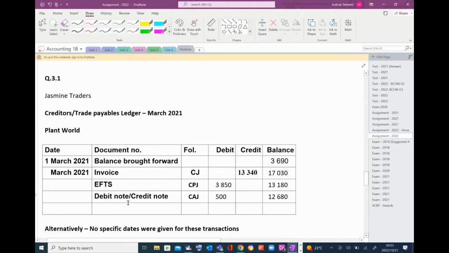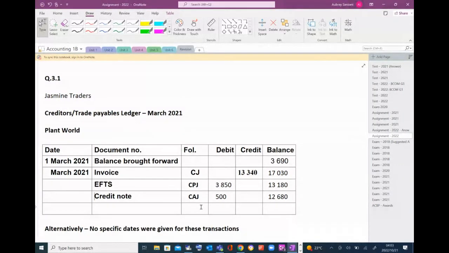Then here, purchases returns. Actually, I'm going to do this. I'm removing the debit note. It should be credit note. Because remember, what is a credit note? I'm returning goods, or I'm asking somebody to give me a rebate, or a discount.